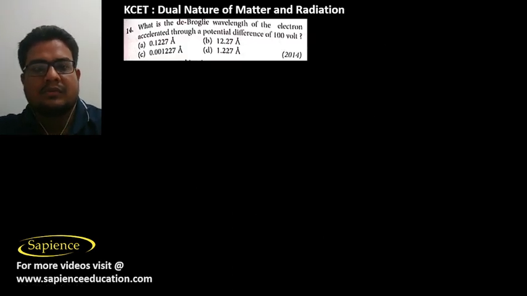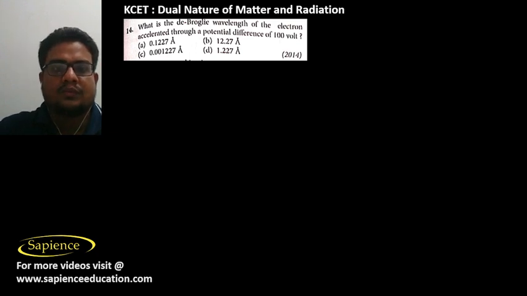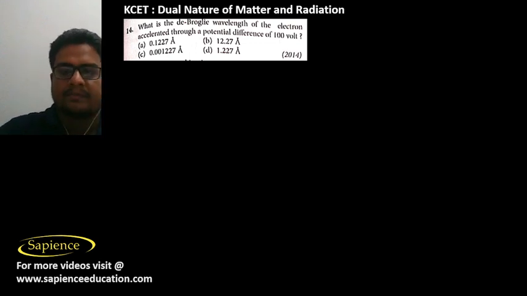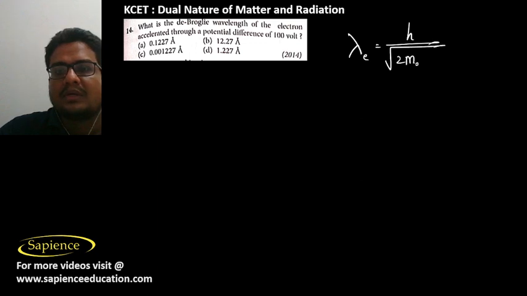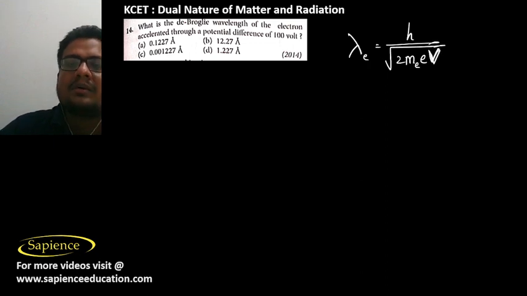And in question number 14 it is told, what is the de Broglie wavelength of the electron accelerated through a potential difference of 100 volts. So the de Broglie wavelength of an electron is given as h by square root of 2 into mass of electron into e into the voltage through which it is being accelerated.